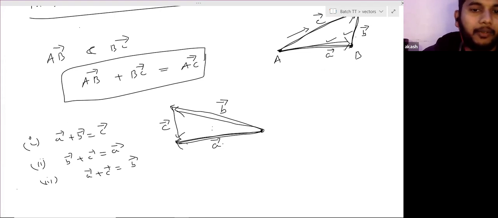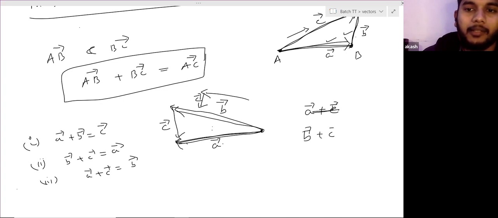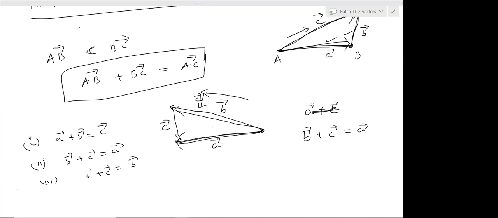So A plus C we cannot write. But if you move along B, then B is moving in this direction and C is moving like this. So we can say B vector plus C vector is equal to A vector. Absolutely correct, Ahmed. Fawaz, is this clear? Sir, can you explain again? All right.